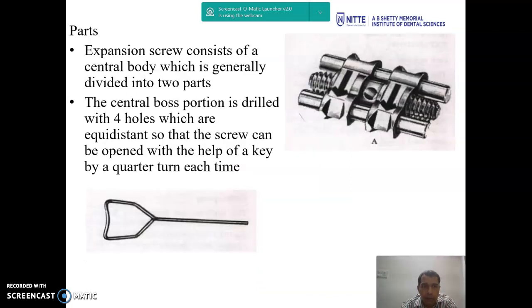The screw consists of a central body which is generally divided into 2 parts. The central boss portion is drilled with 4 holes which are equidistant so that the screw can be opened with the help of a key by a quarter turn each time. This is known as the pitch of the screw.